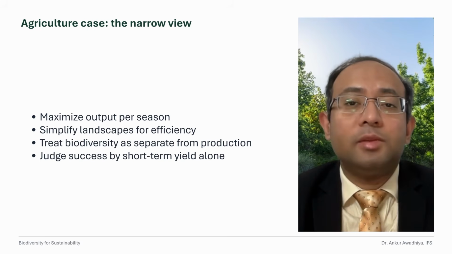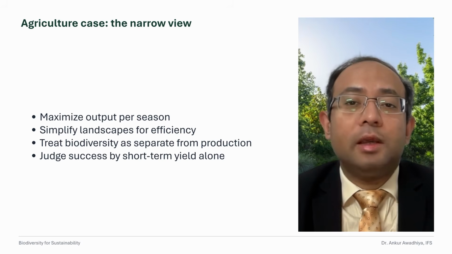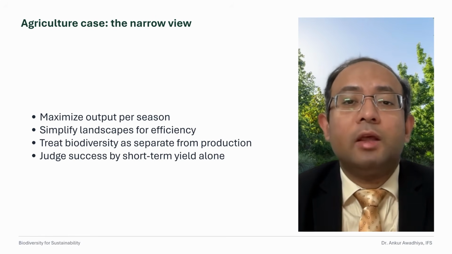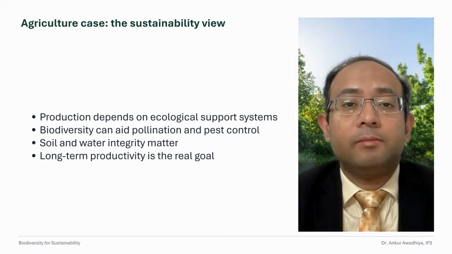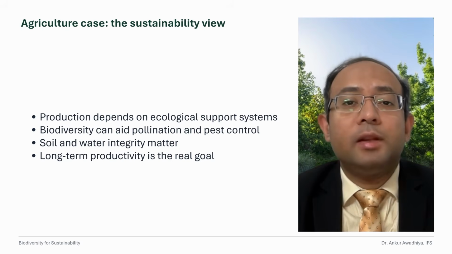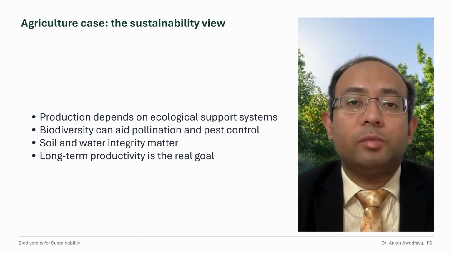And this can sometimes increase output in the short term, but it often builds fragility into the system without even recognizing it, because the ecological support functions removed do not immediately produce a visible crisis right at that point of time. The sustainability view asks a broader question: not just how much is produced this season, but what makes sustained production possible over time. Let us think through a few specific pathways.